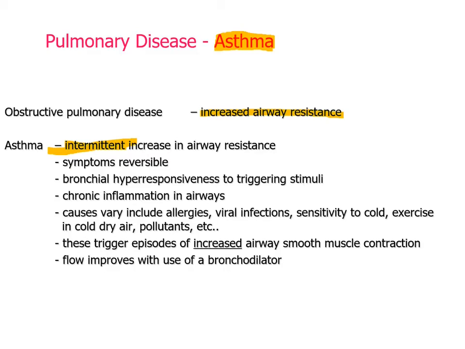But if a person is removed from that, they will improve. Another way of reversing the symptoms is using an inhaler that contains a bronchodilator. In the end, however, with asthma, you get a chronic inflammatory process going on in the airways.